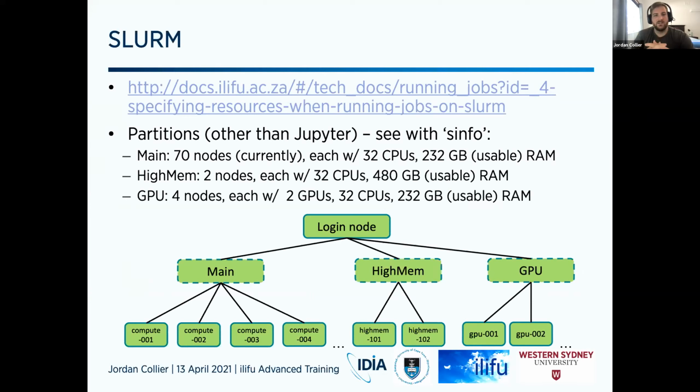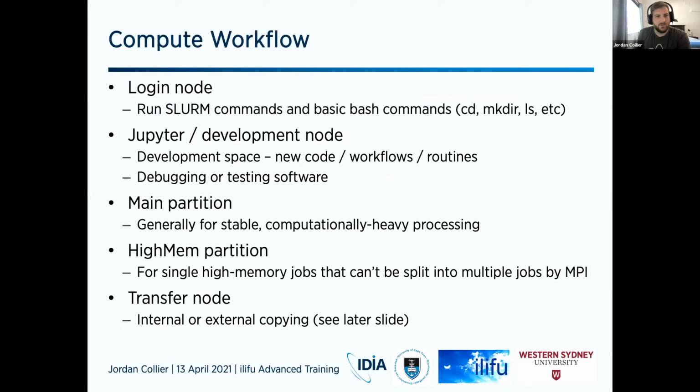Each of these has 32 CPUs and 480 gigabytes of usable RAM. And then lastly, we have a GPU partition with 4 nodes. Each of these has 2 GPUs and has 32 CPUs, 232 gigs of usable RAM as well. And so these you can see with sinfo, and you can use that information to see what's available and where you might want to submit your job.